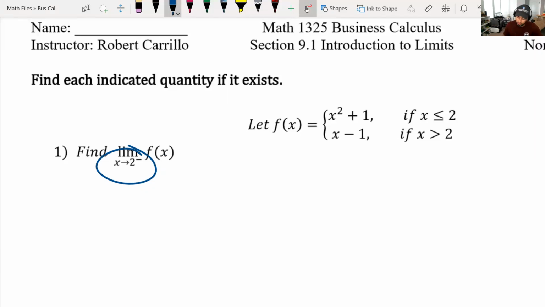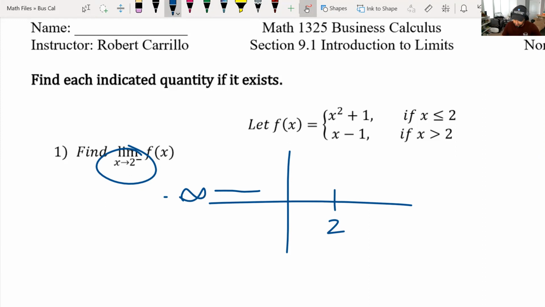Remember, if I were to draw this on a graph and put 2, if we approach 2 from the left, this means we are coming from negative infinity, which means all of these x values must be less than 2, right?